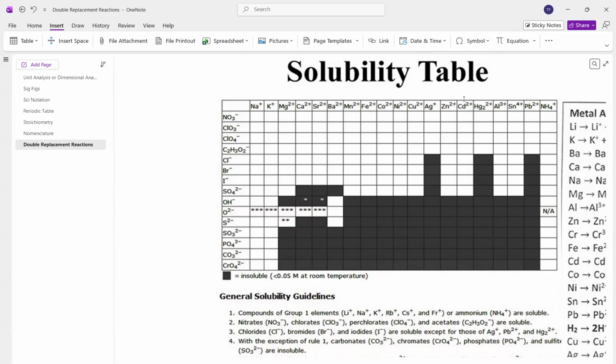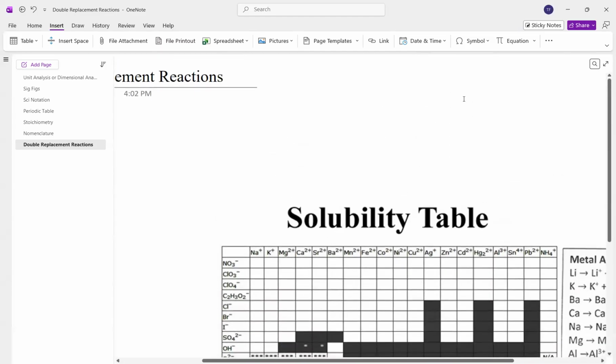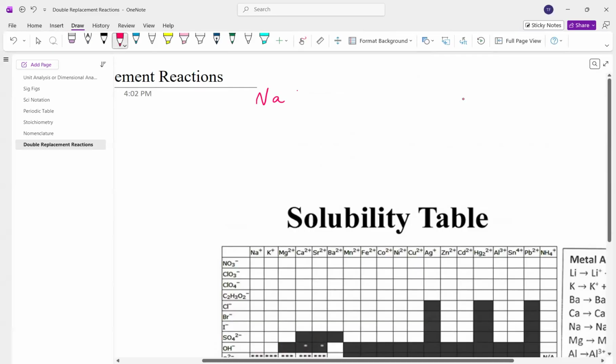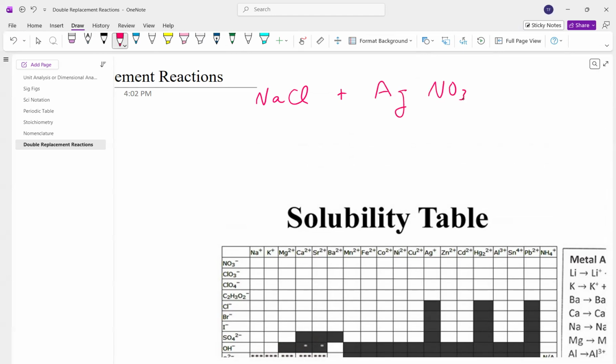So you look at the main constituents, and I'm going to give you lots of examples. So let's look at sodium chloride.